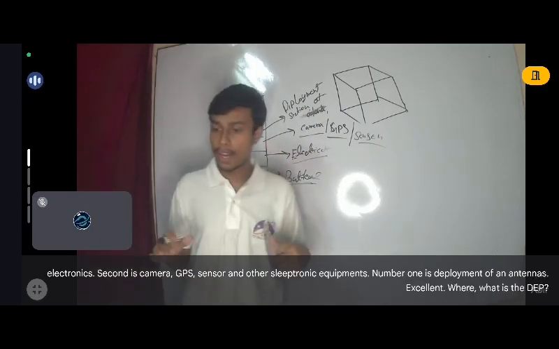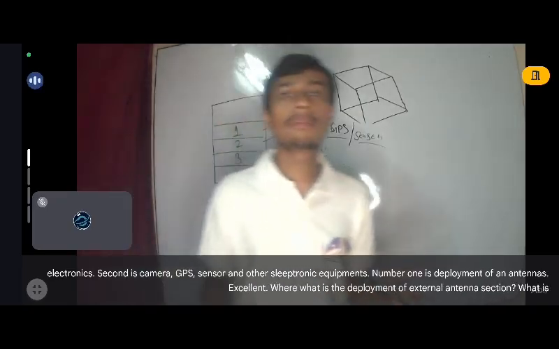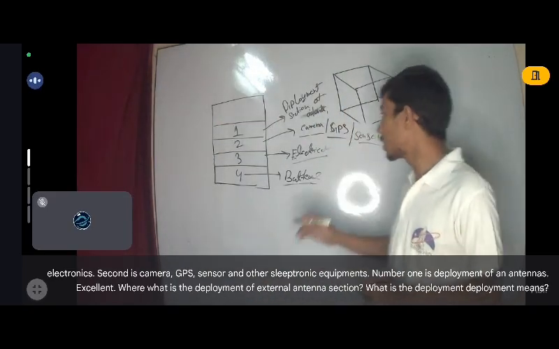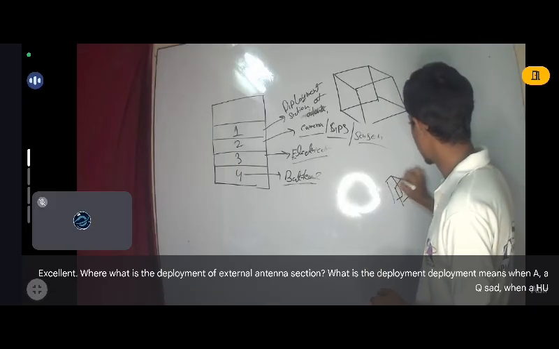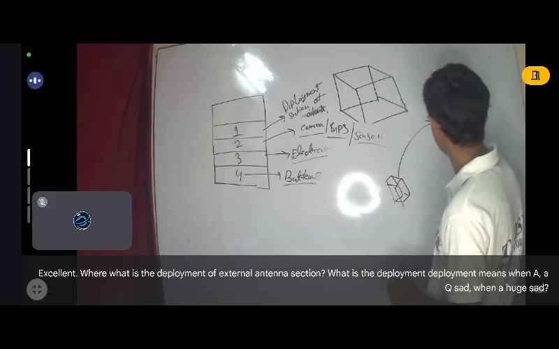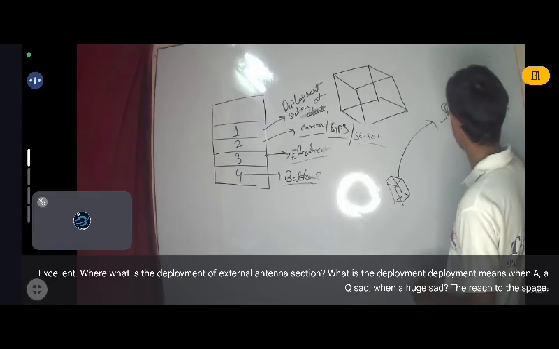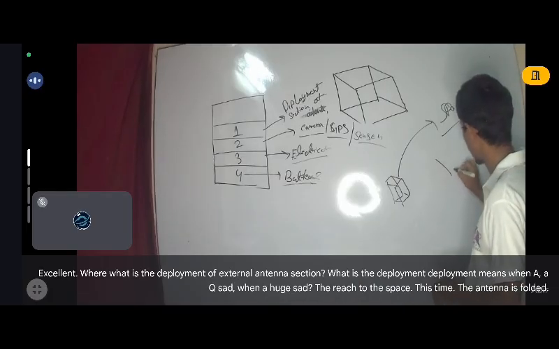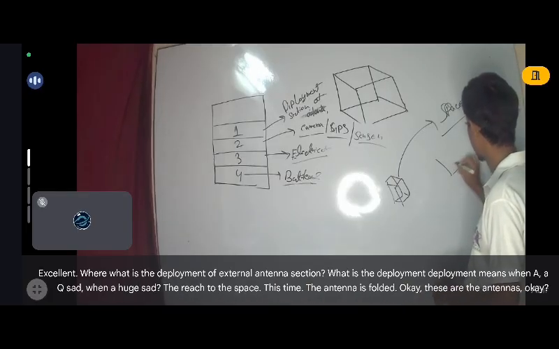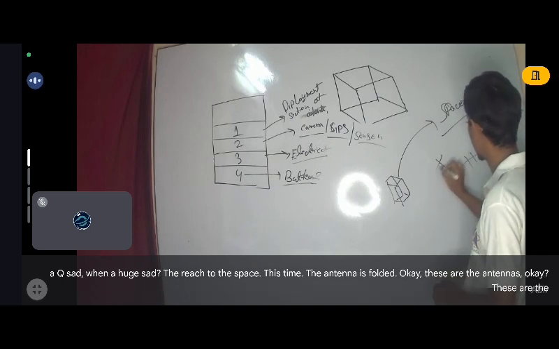What is the deployment of antenna section? Deployment means when a CubeSat reaches space, at this time the antenna is folded. These are the antennas, different types of antennas.